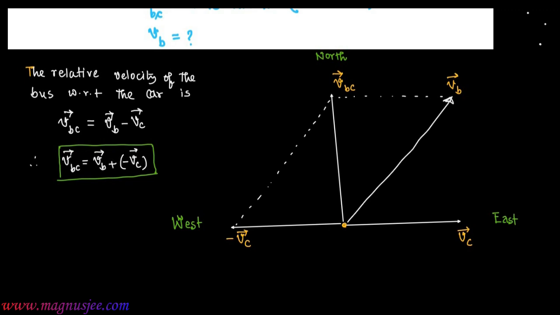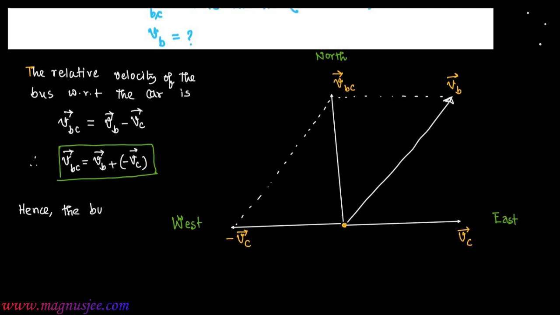Vector Vbc is the relative velocity of the bus with respect to the car.